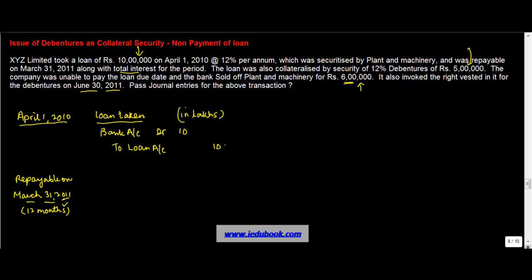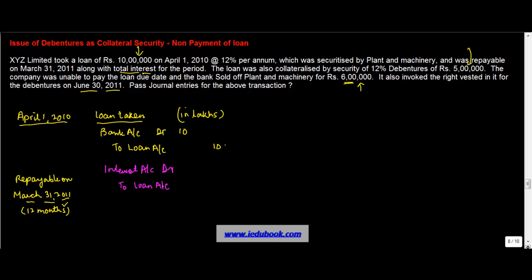But on March 31, the first thing that happened was that your interest was due. So now interest is an expense, right? So you would debit interest account. Who would you credit this? The lender. We don't know the name of the lender, so we will credit the loan account here.